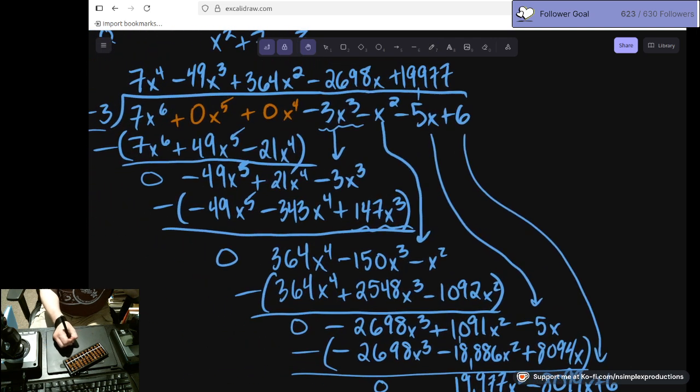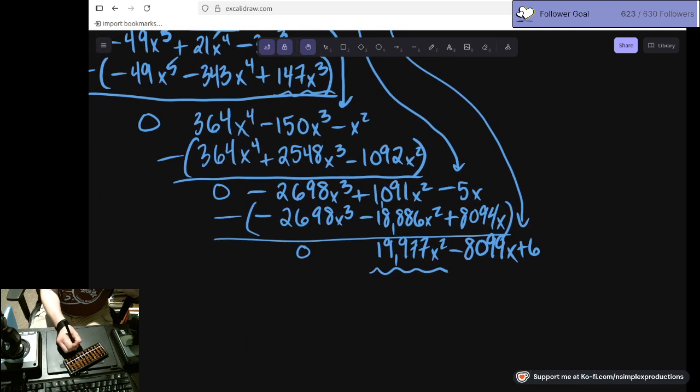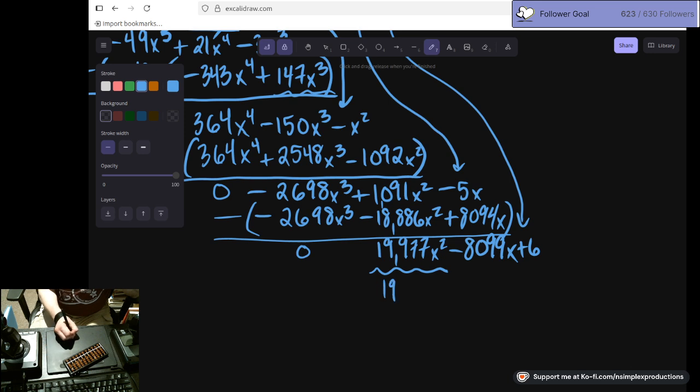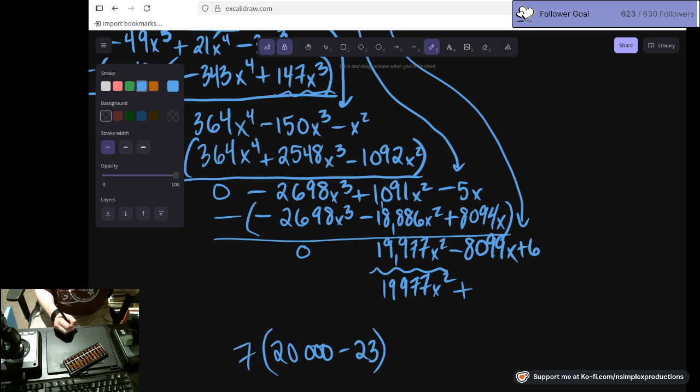Okay, so 19,977x squared. And then the next term is going to be positive 19,977 times 7, which we could also do as 20,000 minus 23 times 7.